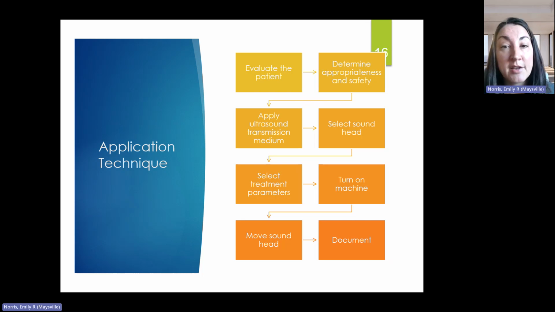Typically, I would select the sound head first because I don't want the gel just sitting on the patient. I've put the gel on the patient before and it just slides off their arm. So I typically choose the sound head first and set the parameters, and then I put the gel on the sound head and then touch the sound head to the patient at the area that I'm going to start doing the ultrasound before you ever turn the machine on.